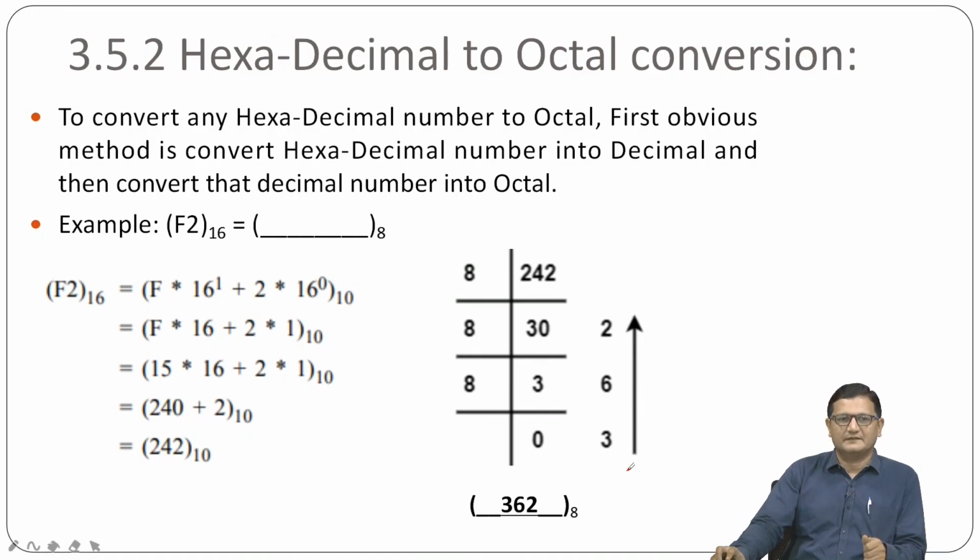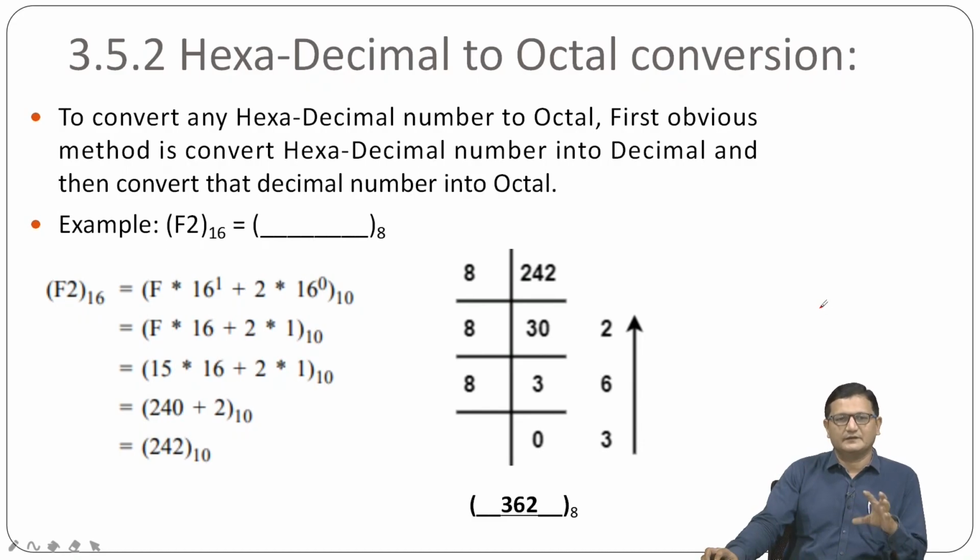Now here we have converted the given hexadecimal number into decimal. But we actually have to convert the hexadecimal into octal, not the decimal. First we converted the hexadecimal number into decimal form. Once you have the decimal number, you just divide it by 8 and collect all the remainders.